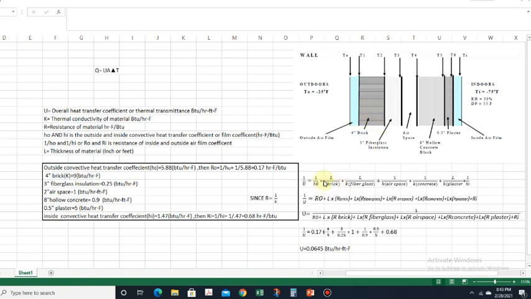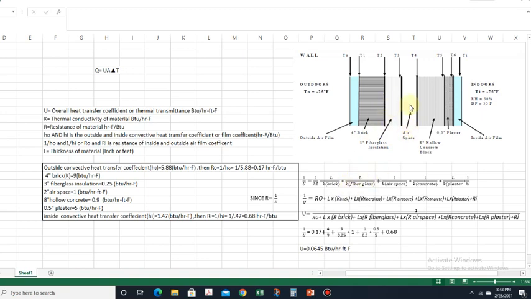These conductivity values we can get from ASHRAE or from the local supplier of the material. Same here, we have next 3-inch fiberglass insulation. So we have the width of the fiberglass insulation, how much it is, 1 inch, 2 inch, 3 inch, and the conductivity of this material, that is K.